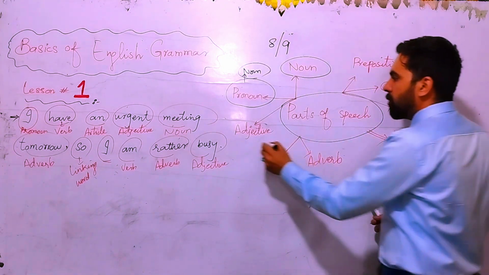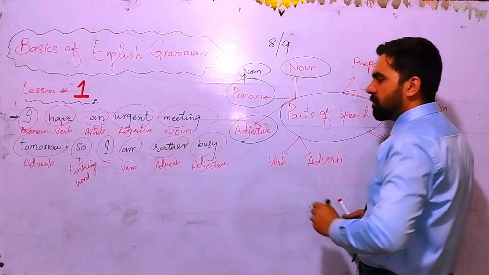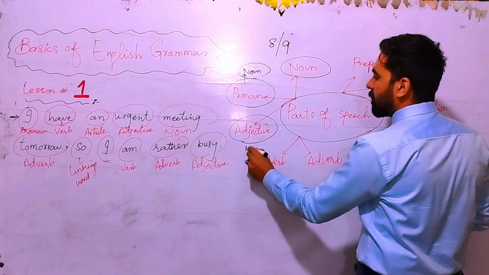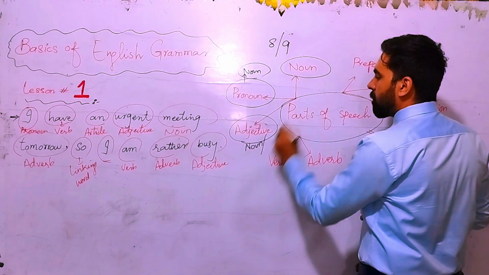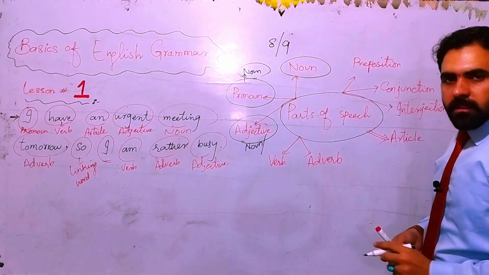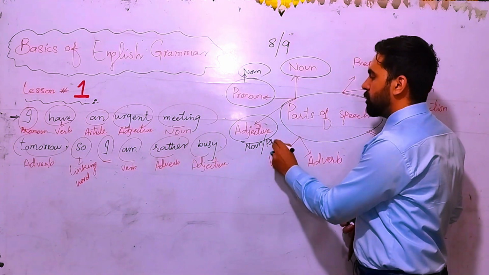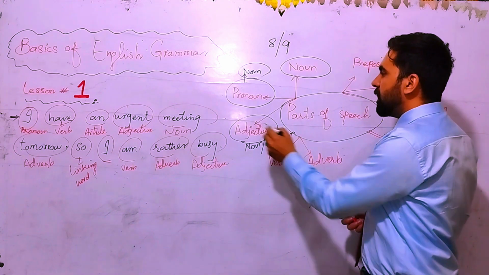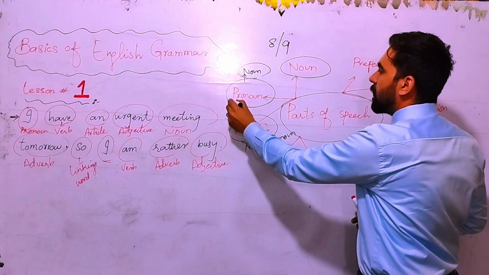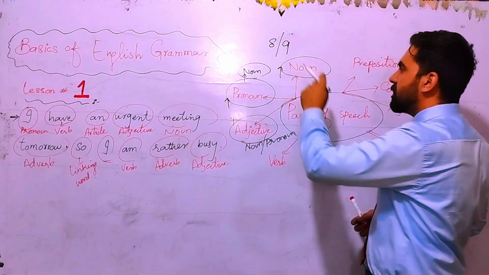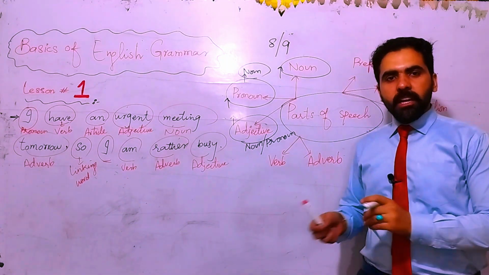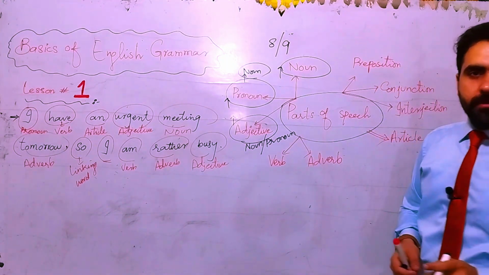The third part of speech is adjective. Adjective is something which shows qualities of a noun or pronoun. These three parts of speech, noun, pronoun, and adjective, are attached very closely to each other.